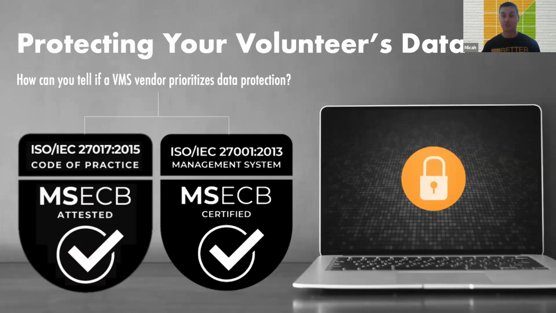Having the certification means that the VMS vendor respects all the best practices and principles enshrined in this international standard. An important distinction is having the certificate, rather than simply following the guidelines, because by actually having these certificates, it means that the vendor is being held accountable.